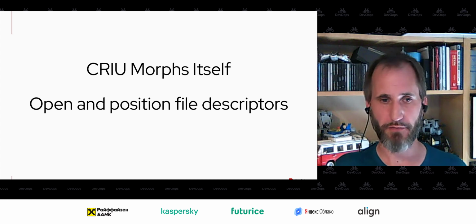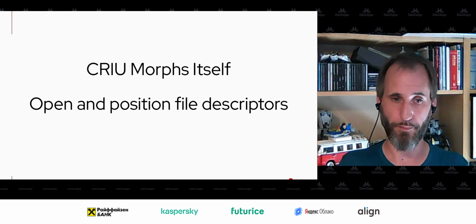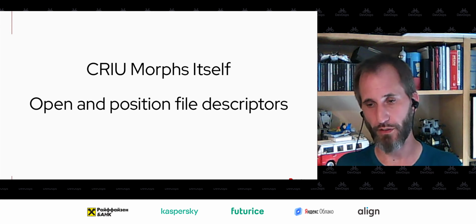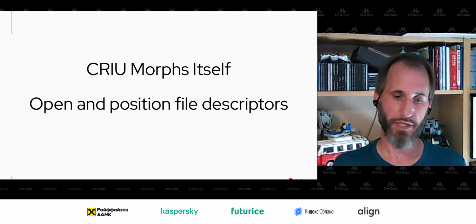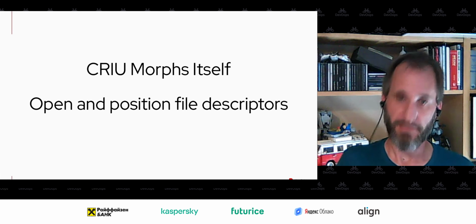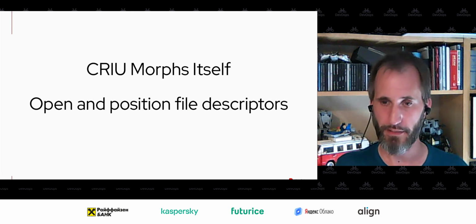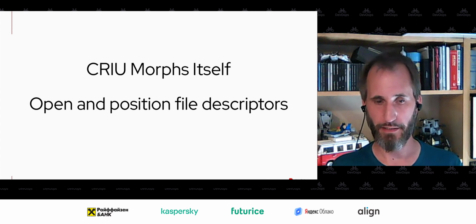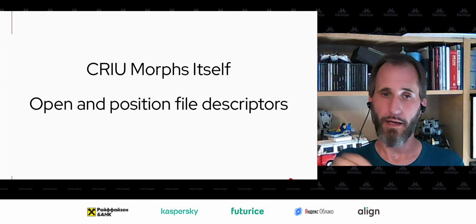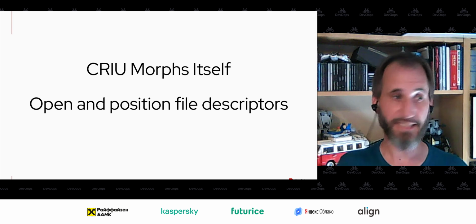During checkpointing, CRIU records what the file descriptor points to, the file descriptor ID, and the position of the file descriptor in that file. So we know everything about the file descriptor. During restore, we reopen the same file with the same file descriptor ID, and we position it at the right position. Once we give control from CRIU back to the process and the process continues to run, the file descriptor will point to the right location as it did before.